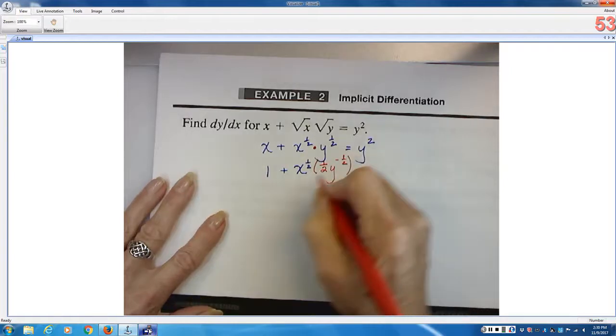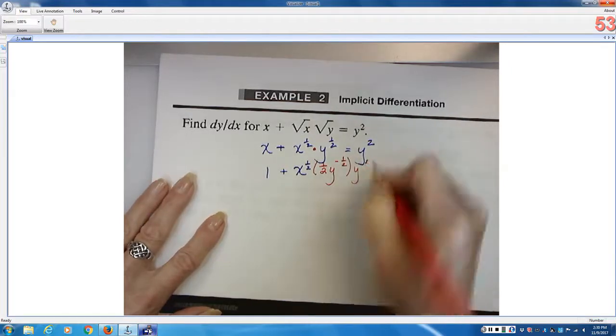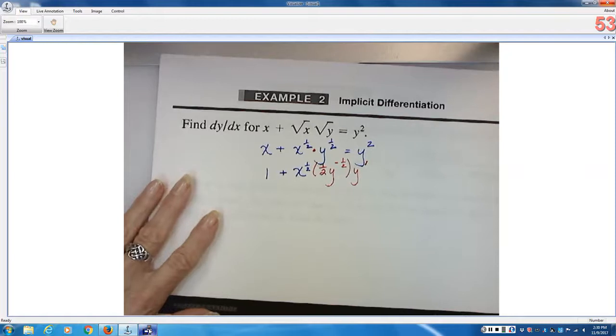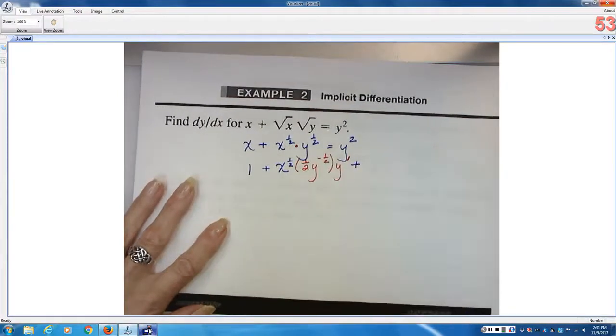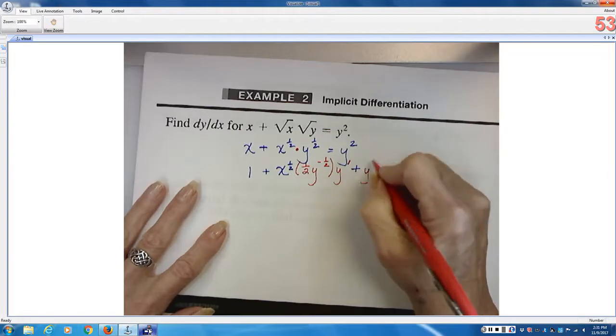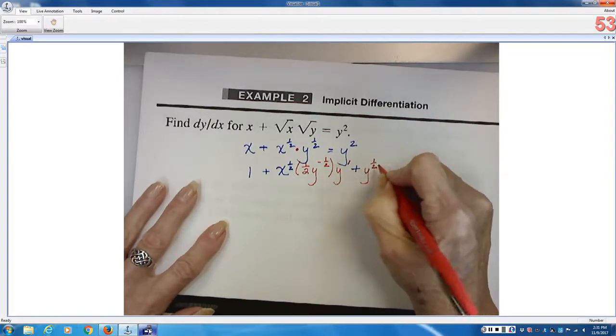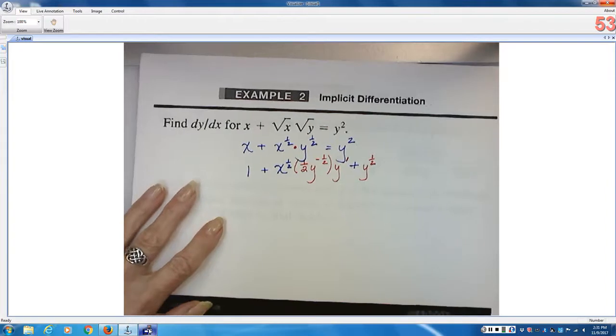And then anytime you take a derivative of a term with y in it, you also add on y prime. Plus y to the 1/2 times the derivative of x to the 1/2.